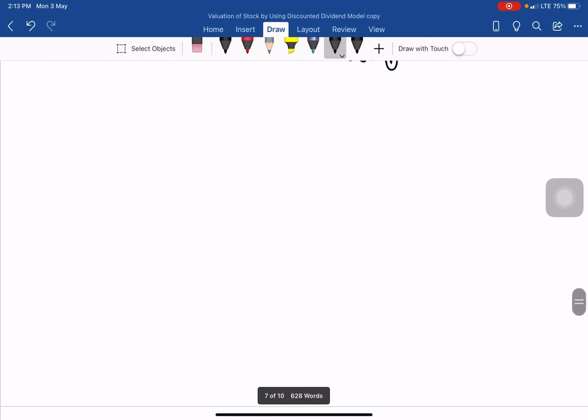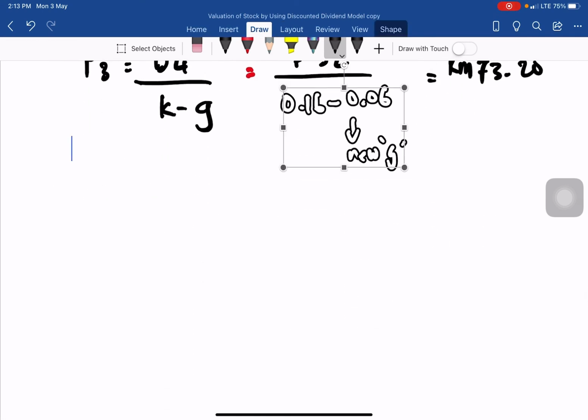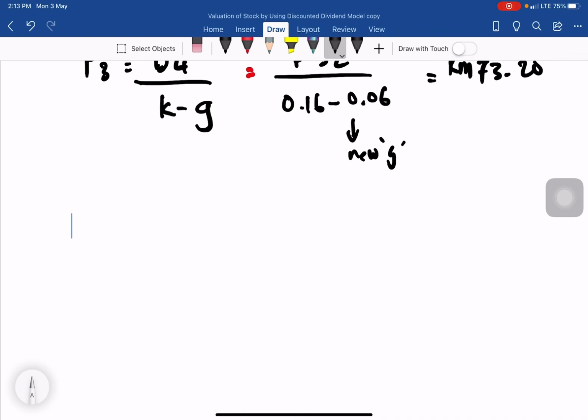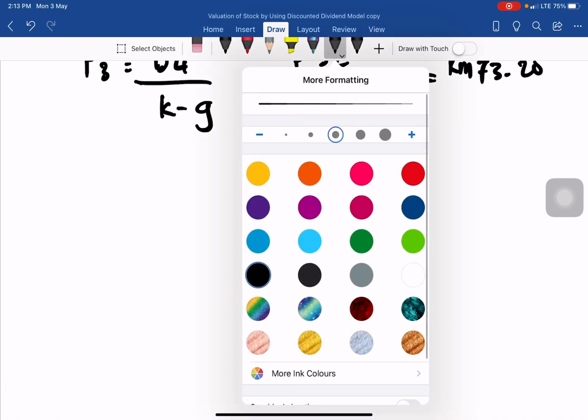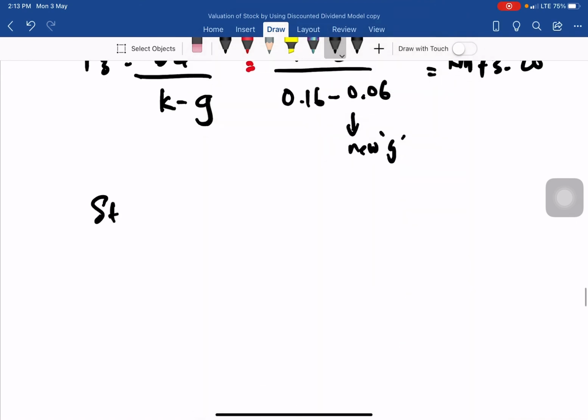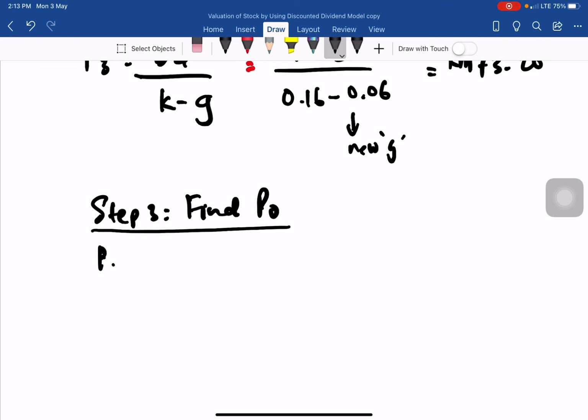Okay, and then the last step. Okay, the last step is step 3. Step 3, find P0. Okay, find P0. So, P0, kita nak guna formula yang panjang tadi tu.